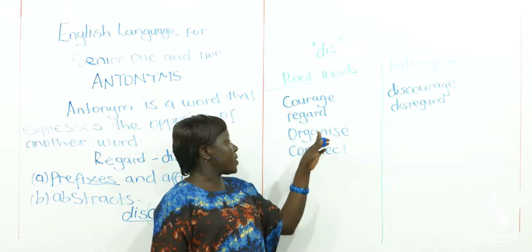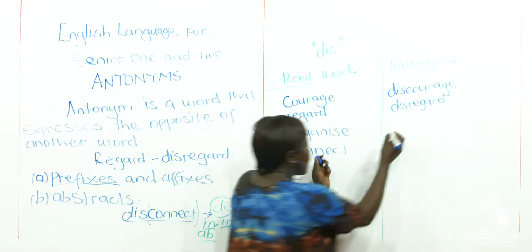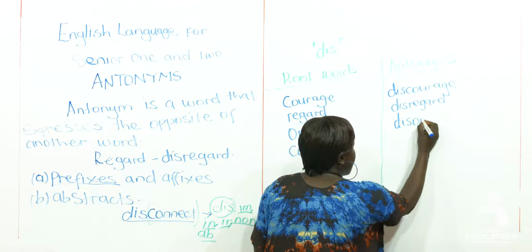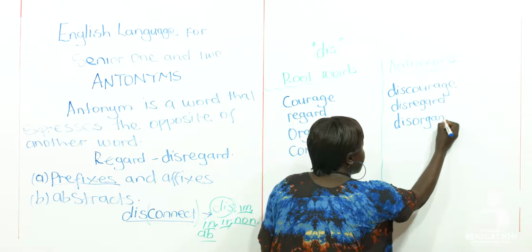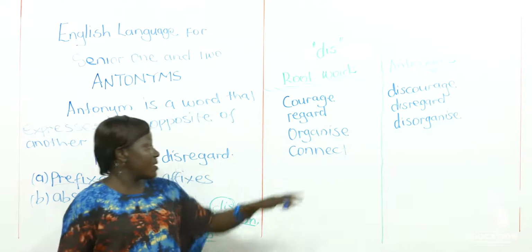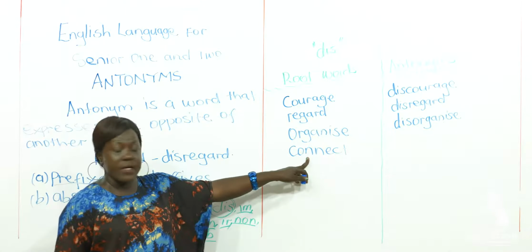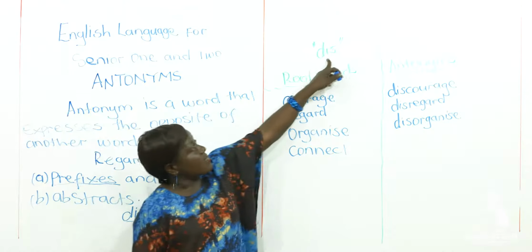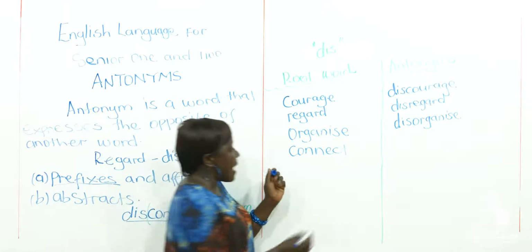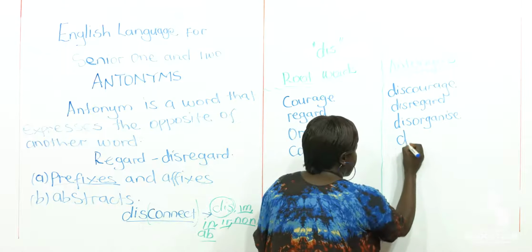It's the opposite of the word organize. Now you'll come here and say disorganize. You will still come here and add these letters, dis, to the word connect. It will become disconnect.